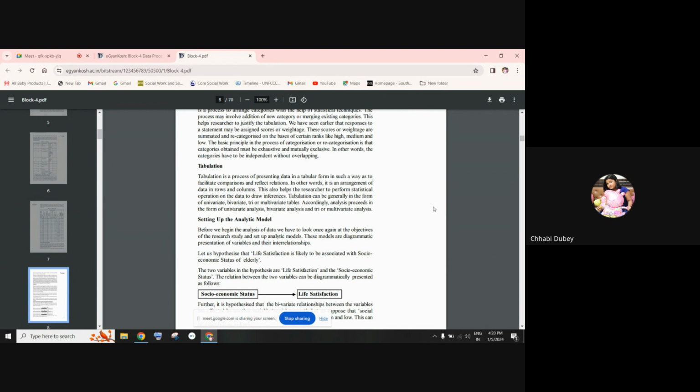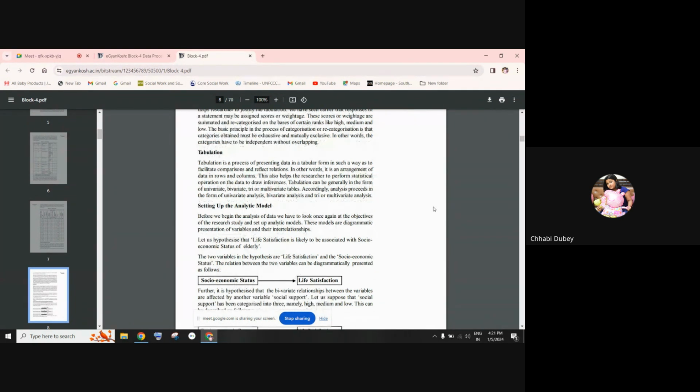Analytic models are diagrammatic representations of variables and their interrelationships. So it is just a diagrammatic representation of whatever variables we have, and it also gives us the interrelationship between these variables. They have given an example that life satisfaction is likely to be associated with socioeconomic status of the elderly. So there are two variables. One is the socioeconomic status, and the second is the life satisfaction.